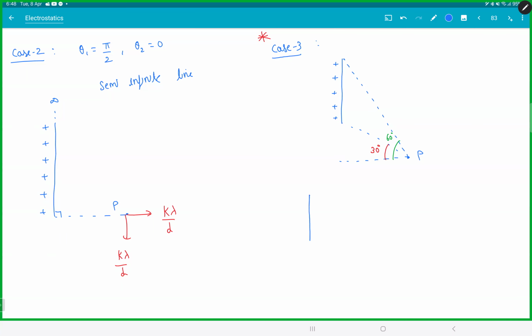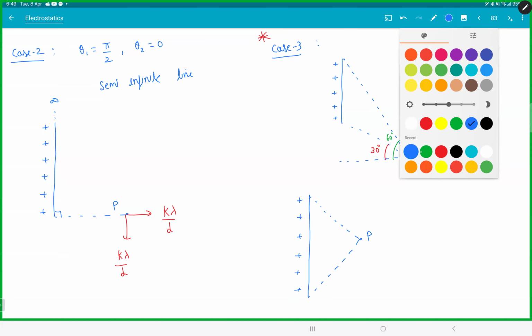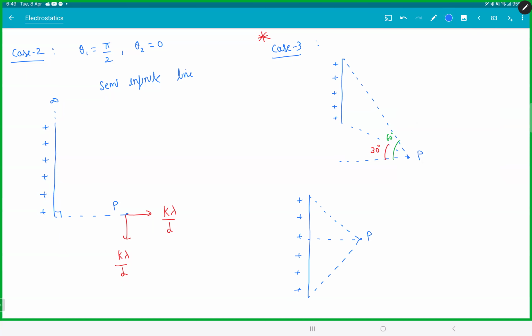There is a difference. Suppose if it is like this. This is 60, this is 30. Both are 60 and 30. How do you take the angles?